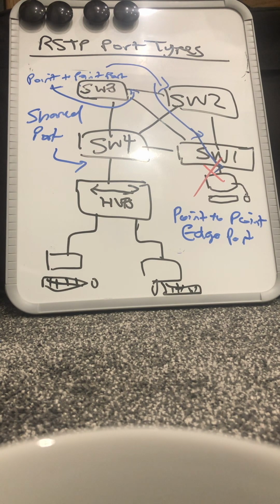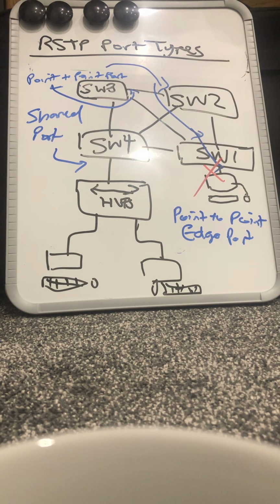And here it's just one way traffic flow, so that is what I mean by half duplex. RSTP assumes that all half duplex ports may be connected to hubs, treating ports that use half duplex as shared ports.